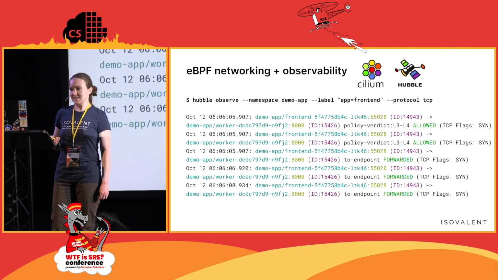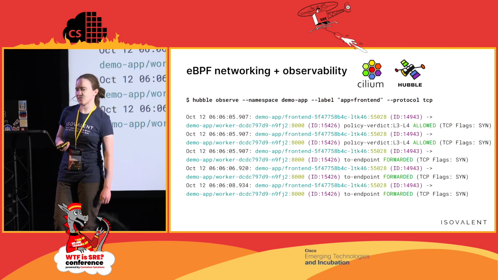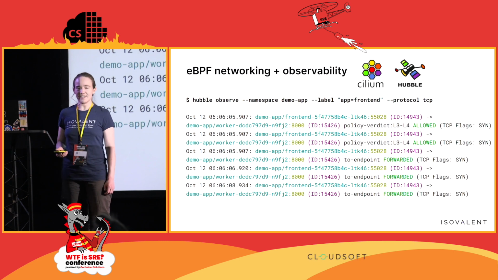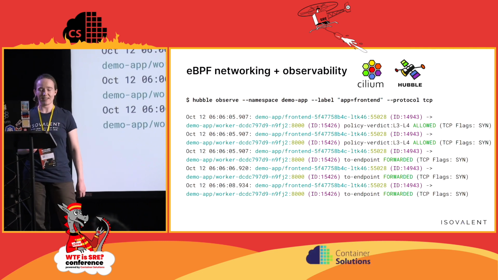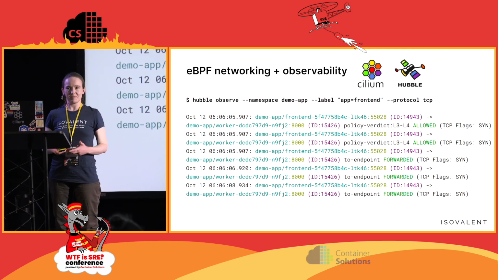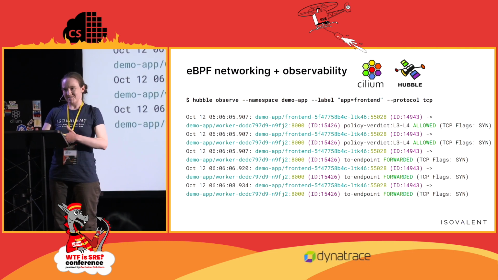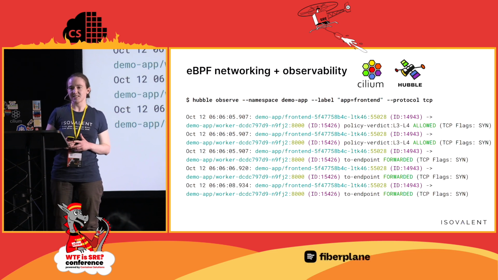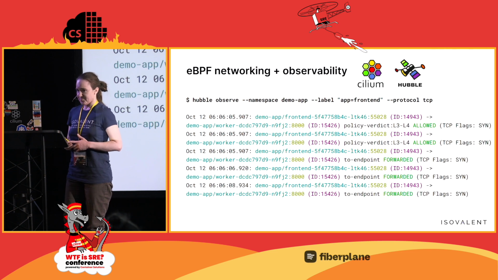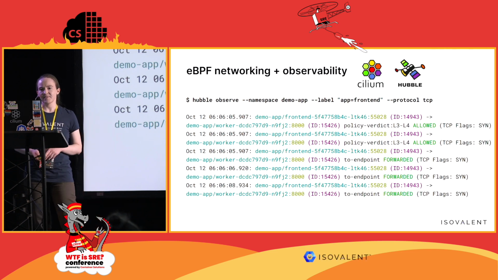Hubble provides a CLI for observing network flows. So here you can see an example of a CLI command that allows you to observe these individual network flows with all kinds of filters that you can imagine, including Kubernetes metadata, labels and stuff like that.